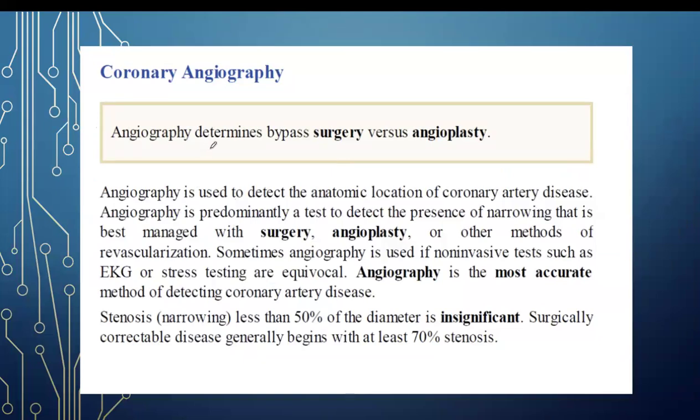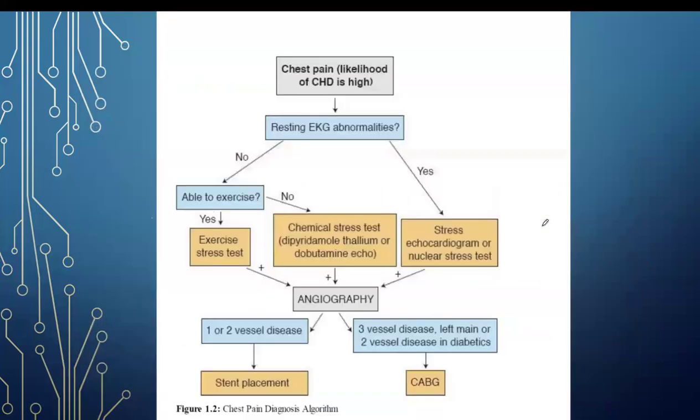So coronary angiography determines if this patient will require a bypass surgery or just a stent, such as angioplasty. So angiography is used to detect the anatomical location of the coronary artery disease, and also it can define how much blockage there is and if this patient will require any intervention.